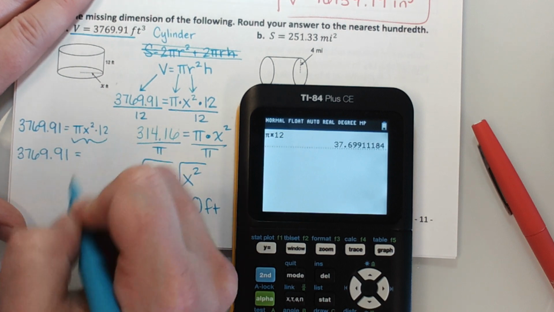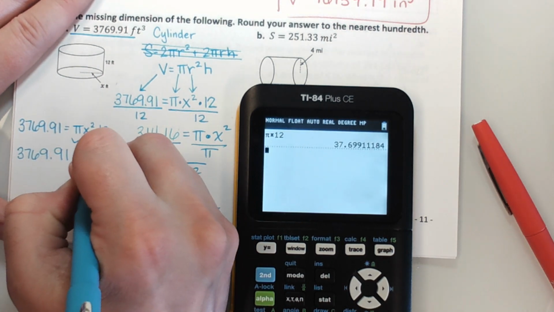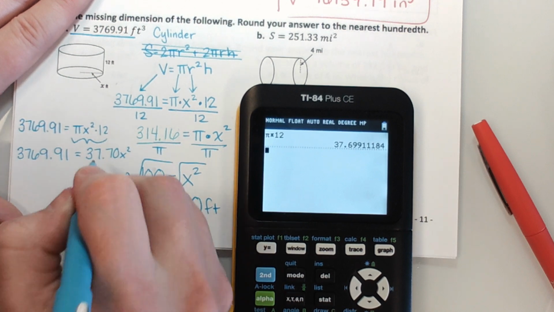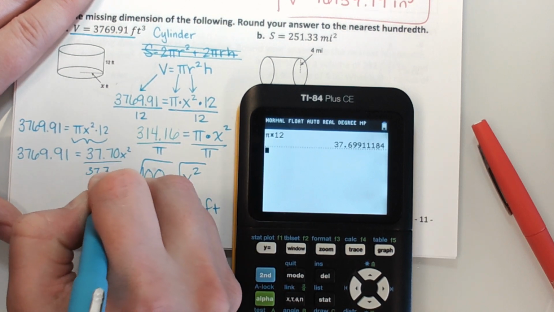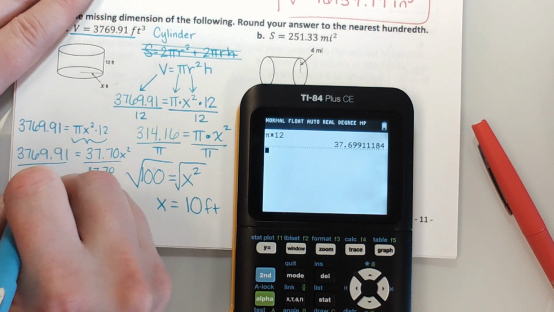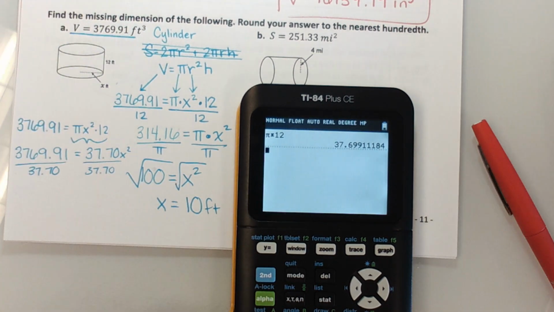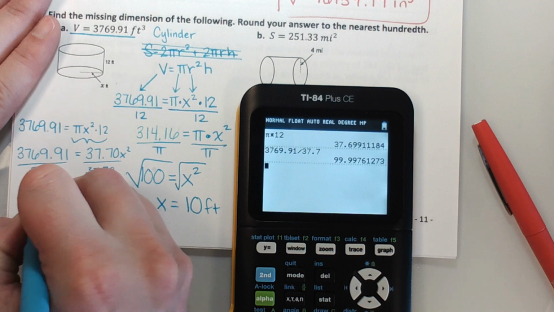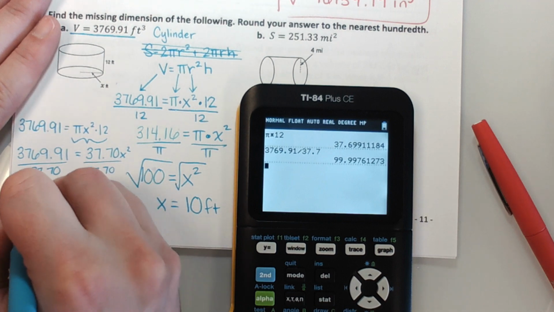Traditionally, you would simplify the 12 times the pi. You'd get 37.70 x squared, and then you would divide by that. You would still end up with 100 equals x squared, and therefore x is 10.